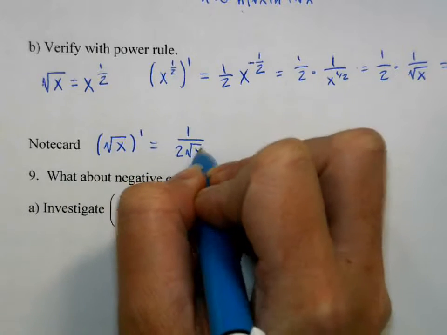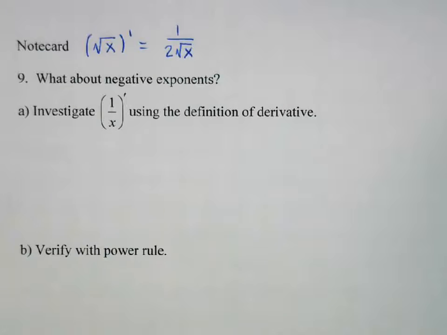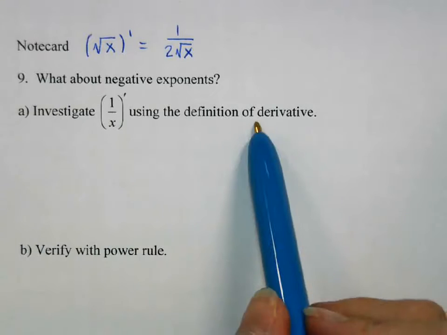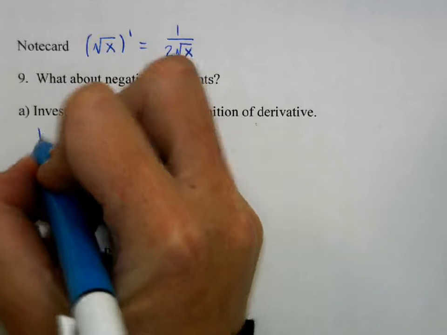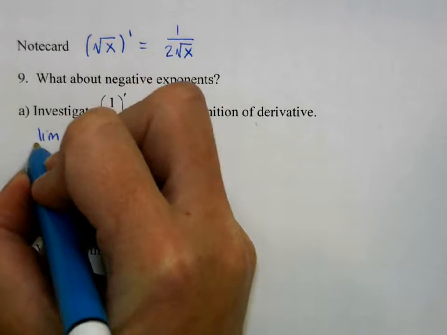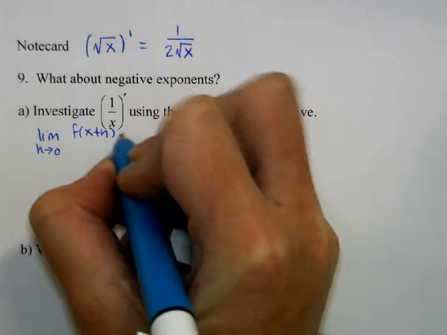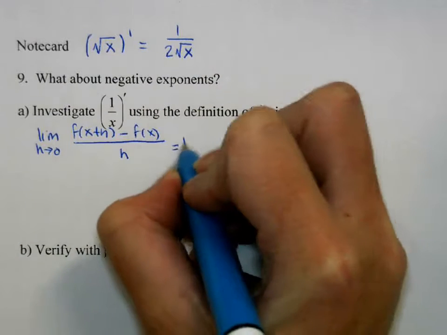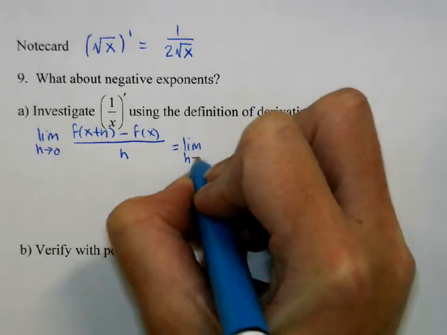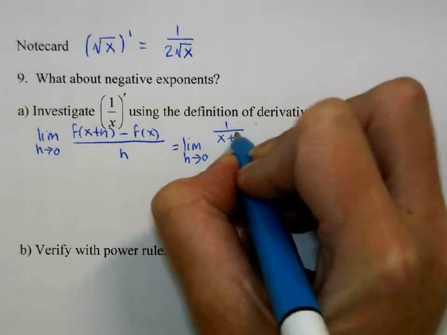Okay, well, what about negative exponents? So let's do 1 over x using the definition, and then we're going to verify that with the power rule. So the limit as h goes to 0 of f of x plus h minus f of x over h for this particular equation is 1 over x plus h minus 1 over x all over h.